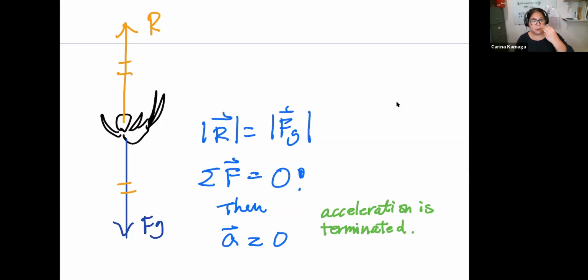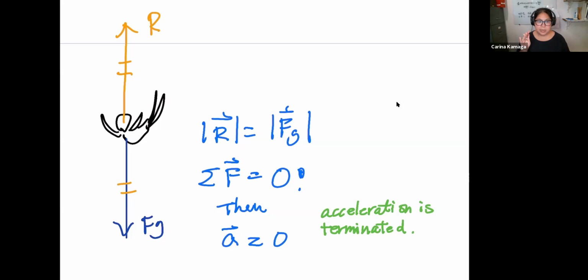So when the acceleration is terminated, what kind of motion is it in? Constant motion, right? Constant motion means constant speed.